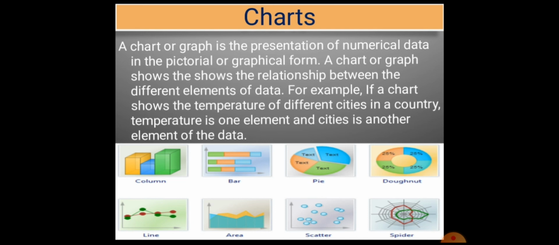So temperature is our one element, and cities are another element of the data. As we can see in this figure, we have represented various types of charts. We have taken various types of charts in MS Excel in which we can represent our data graphically. Column chart, bar chart, pie chart, donut, line, area, scatter, and spider. So these are the various types of charts.